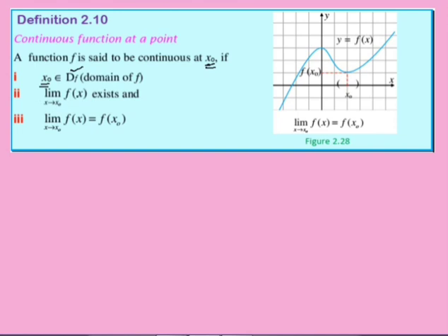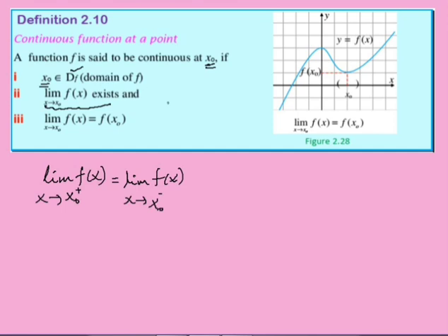The second condition is that the limit of the function as x approaches x0 should exist. We say the limit exists if the limit of f of x as x approaches x0 from the right, and the limit of the function as x approaches x0 from the left, are the same.